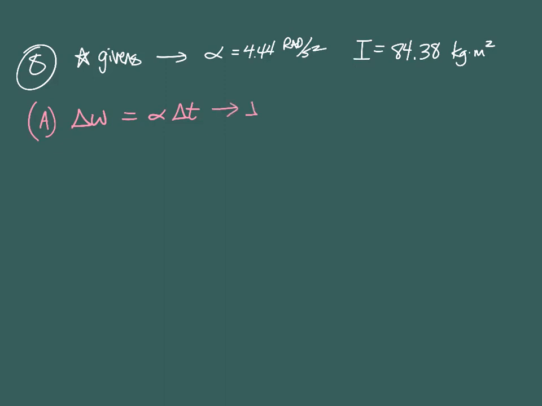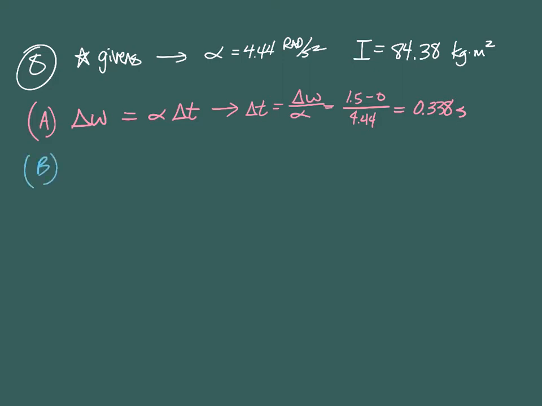That means delta t is just going to be my delta omega over alpha, and my delta omega, 1.5 minus 0, over the alpha. That's a given. And you get a third of a second, roughly, out of that. That's part A.